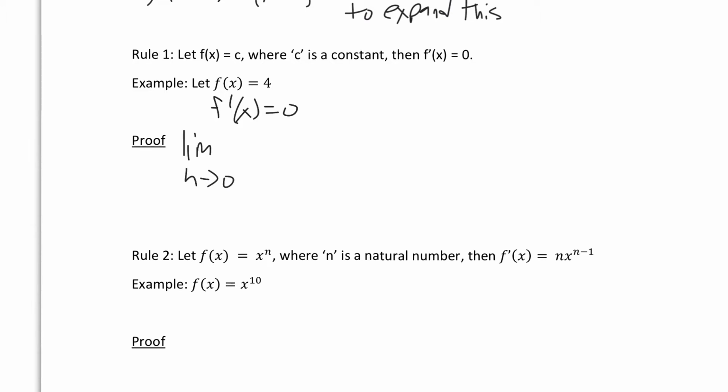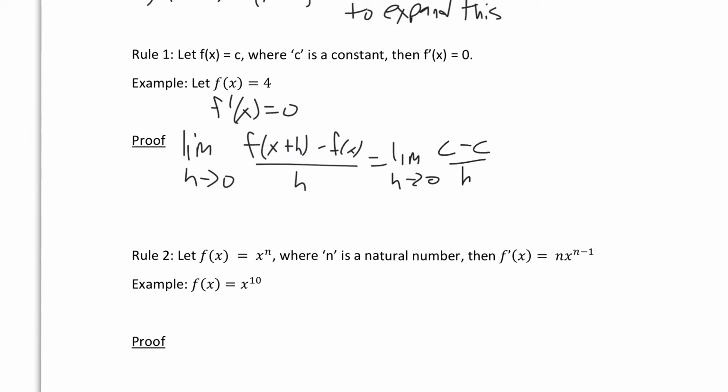So limit as h approaches 0 of f of x plus h minus f of x, over h. Well, the thing is that f of x plus h means everywhere you see x, replace it with x plus h. But f of x is just c, so there is no x here to replace with x plus h. So f of x plus h is just c, and f of x is still c, over h.